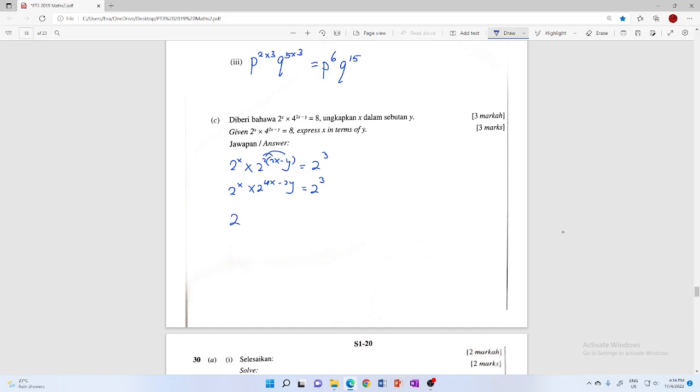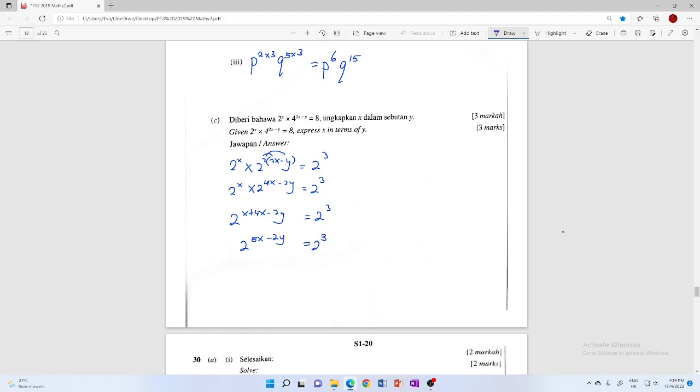And when the base is the same, we can add up. So x plus 4x minus 2y equals 2 to the power of 3. We add up: 2 to the power of 5x minus 2y equals 2 to the power of 3.